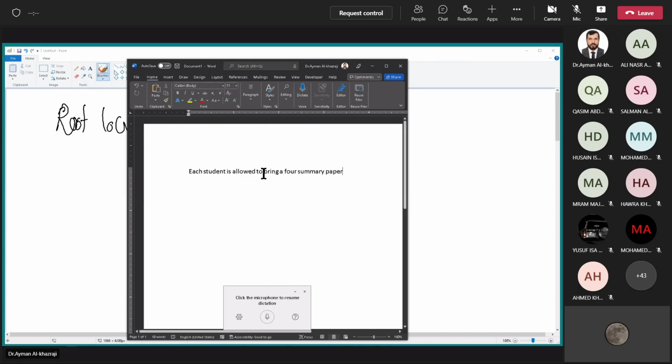So you need to bring an A4 paper. The condition: the name of the student and ID must be written in pen on the top of the paper.